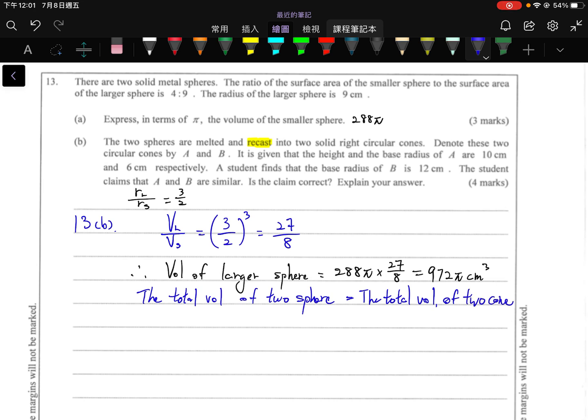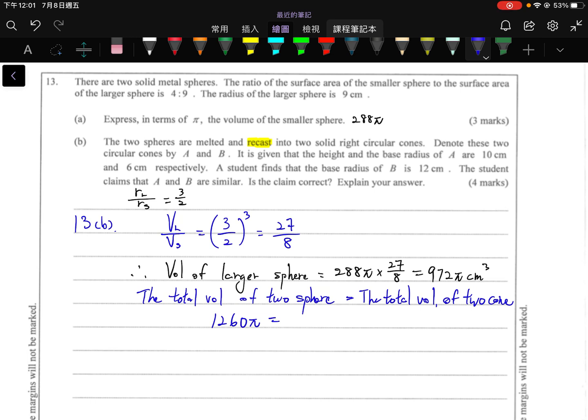The total volume of two spheres is 288 pi together with 972 pi, and if you add them together, that will be equal to 1260 pi. And then how about the total volume of two cones?